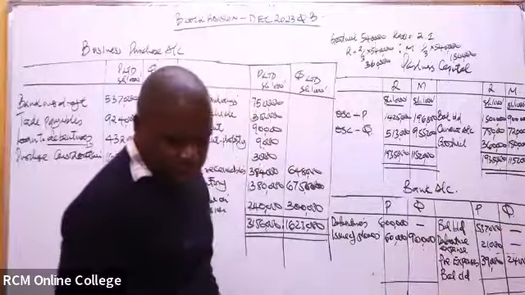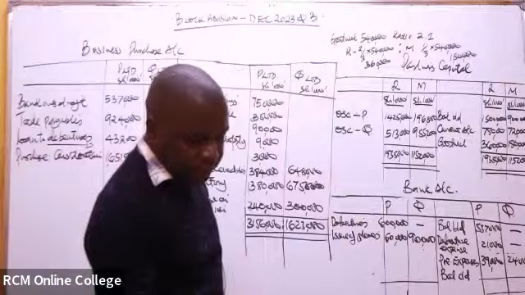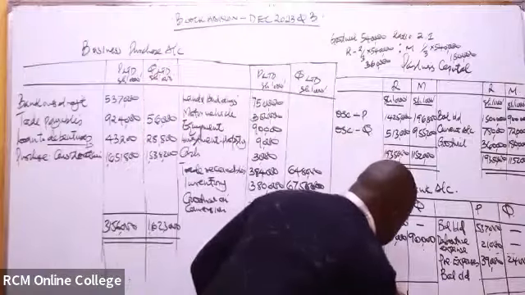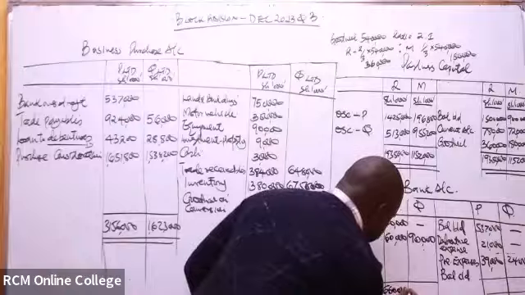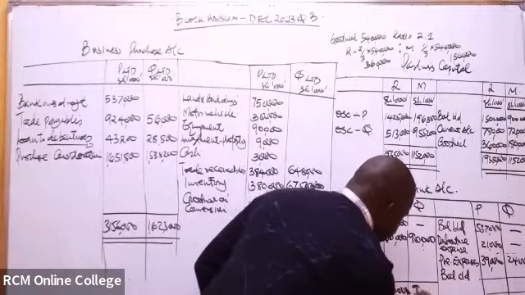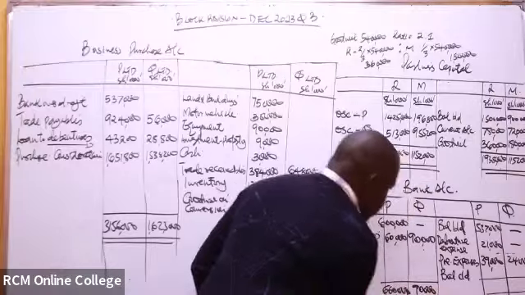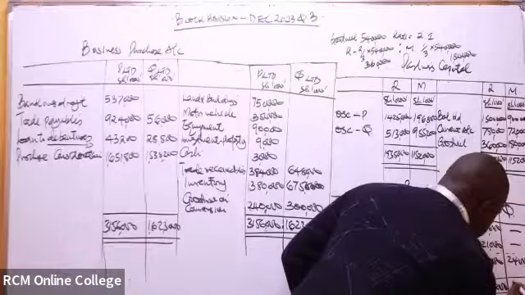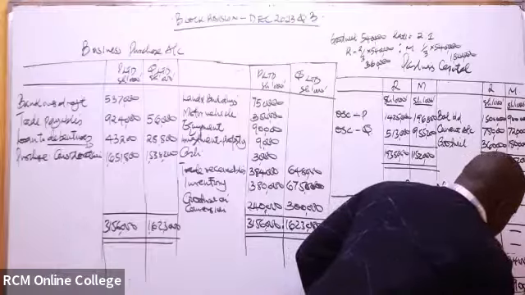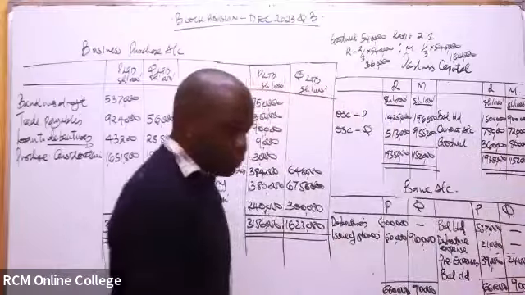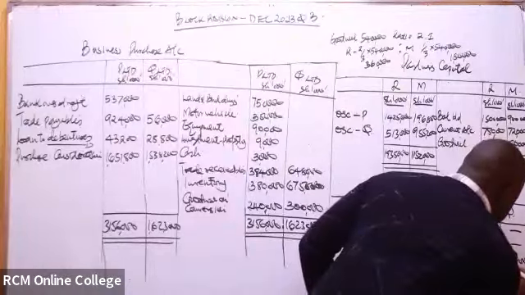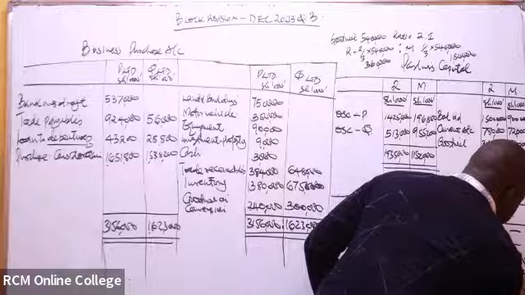That one is 90,000. So 90,000 minus 24, you get 66,000. So for Q, the balancing figure is 66,000.